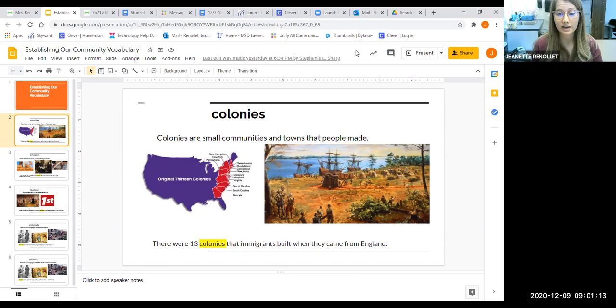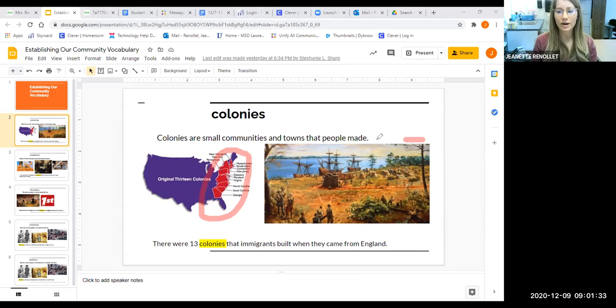You can see right here on the pictures that they started to land on the east coast of our country. This is where they came to live. They started building communities that we call colonies.